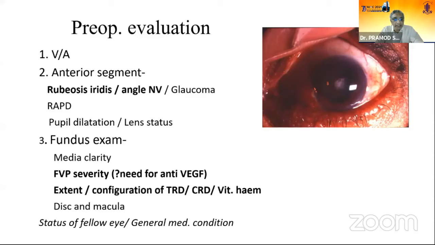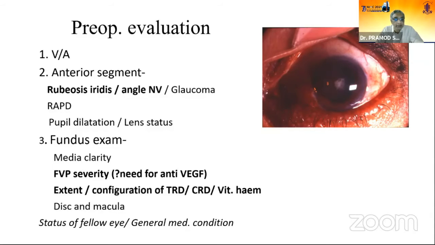So preoperative evaluation is just the standardized things, but what you need to look for is rubeosis iridis and angle neovascularization, because that is going to change your management plan, and also the extent and configuration of detachment and vitreous attachments if you can make them out, and that will help you plan your strategy.